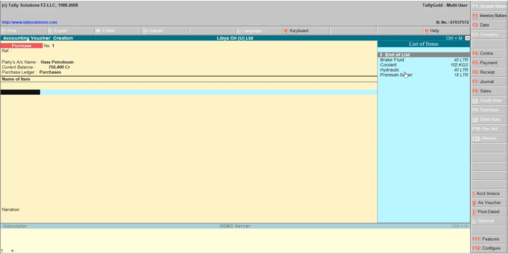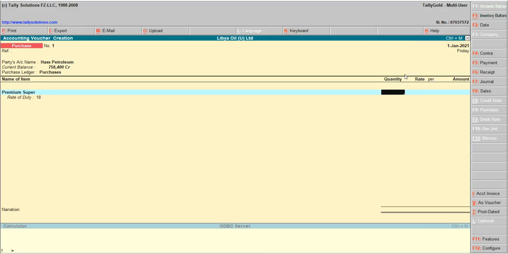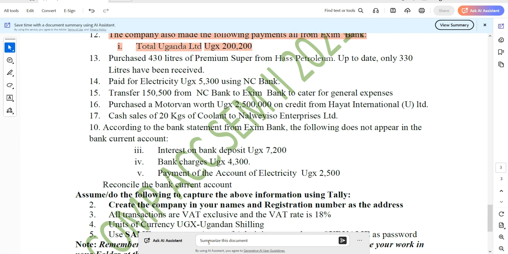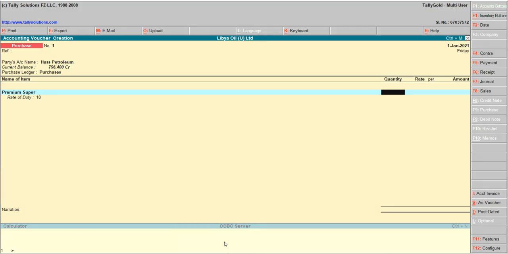This is premium super. That's the name of the item. What's the quantity? 330 liters have been delivered.